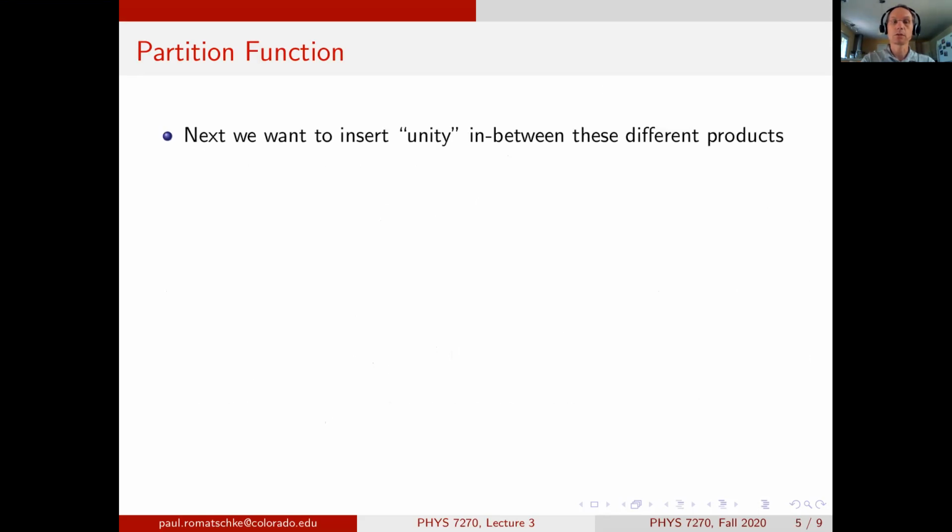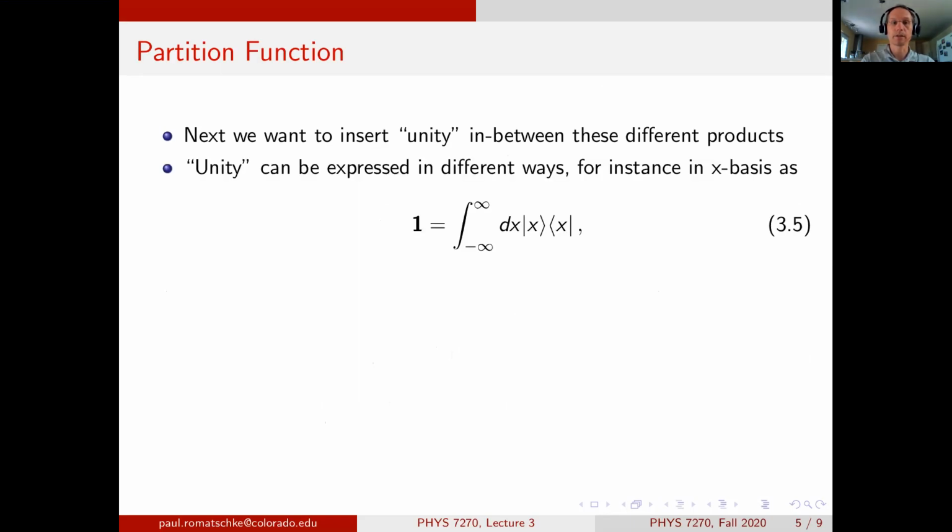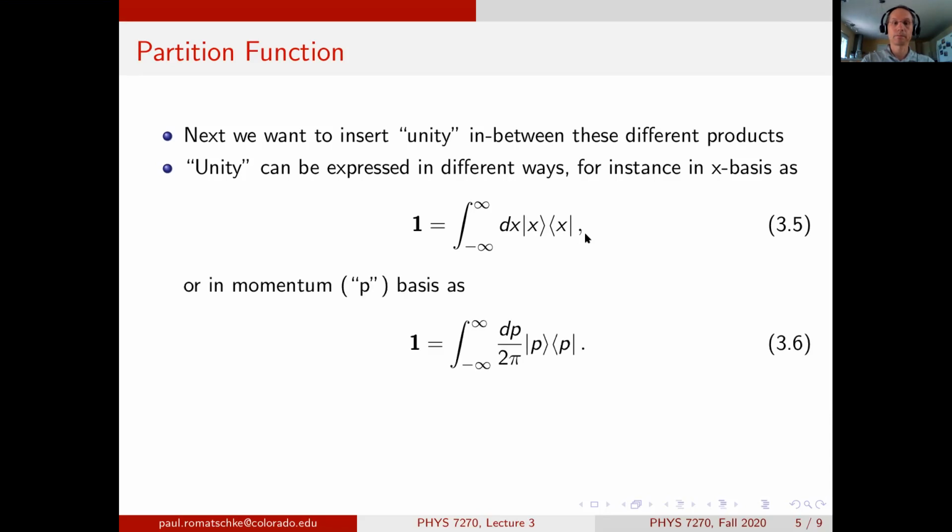Next, we want to insert unity in between these different products. Again, unity can be expressed in different ways. For instance, in the x basis, we could express unity simply as the integral dx over |x⟩⟨x|. Or we could use the momentum basis, in which we do the same thing with just the momentum basis p.